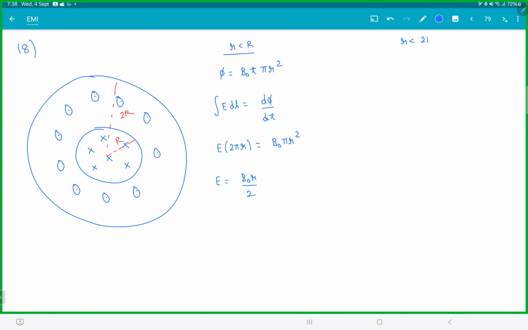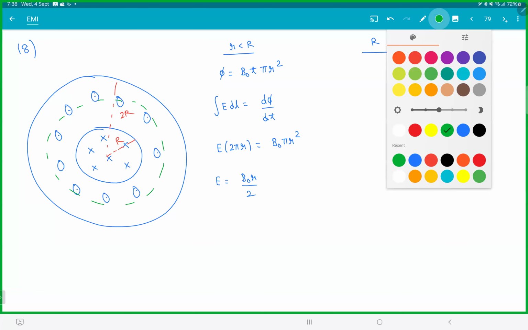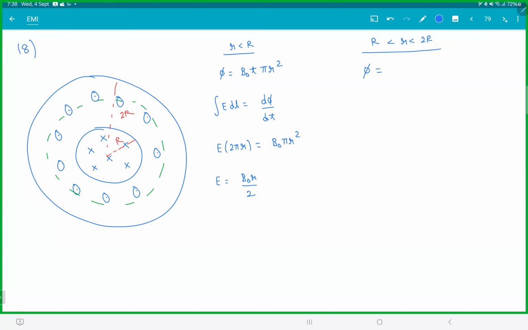Now r between R and 2R. If you're taking a point somewhere here at a distance r, the flux will be B naught t pi r square. I'm still considering the downward flux as positive, okay? And what will be the flux here?